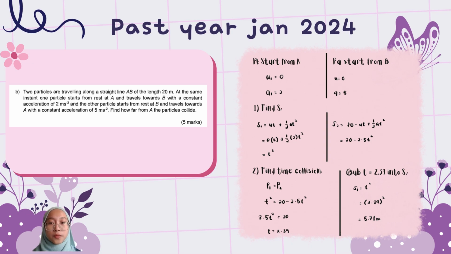And then if we take a look back at the question, it asks to find how far from A the particles collide. So it's not the total distance, but the distance traveled from particle A, which is we just need to substitute the value of t, which is 2.39, and then square, and we will get the distance, which is 5.71 meters.